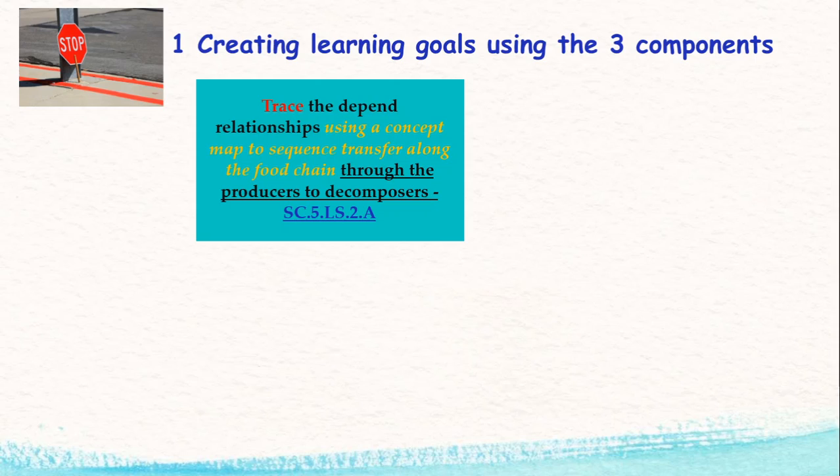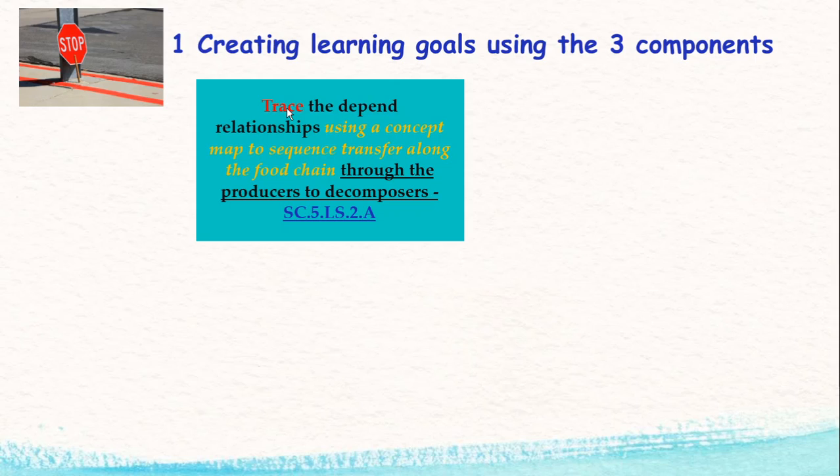My first learning goal is to trace the dependent relationship, using a concept map, to sequence transfer along the food chain through the producers to the decomposers. Before I move on, I will explain. The word trace was written in red to distinguish that it is the performance component.